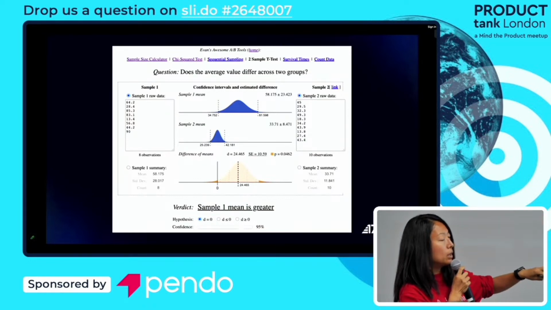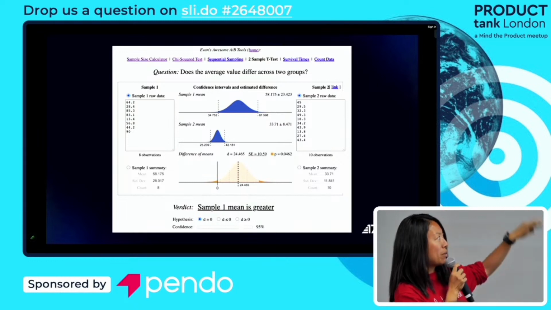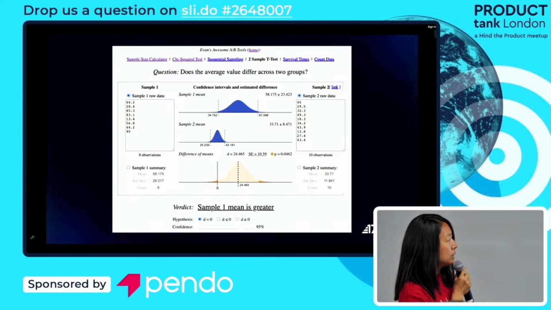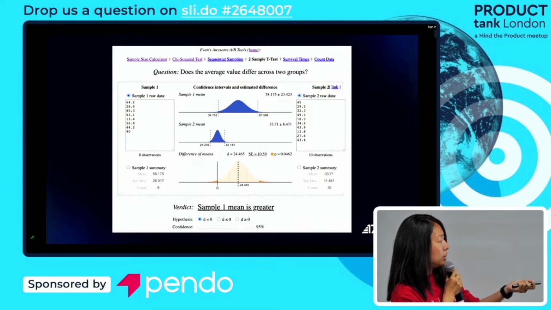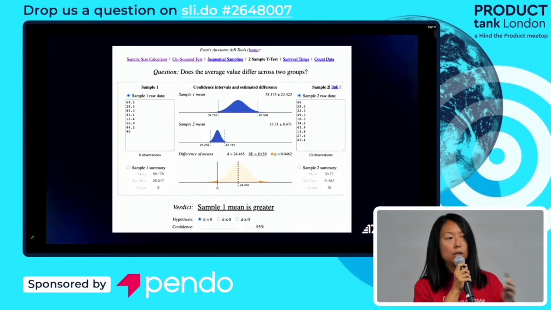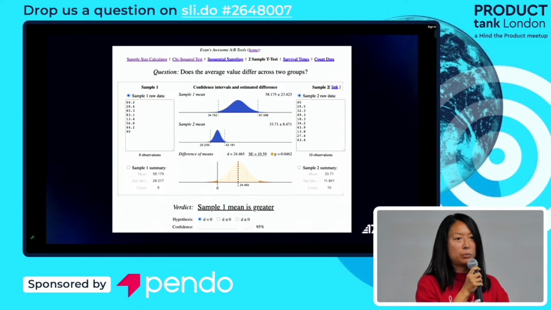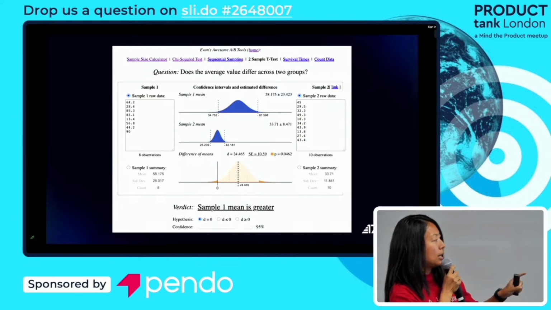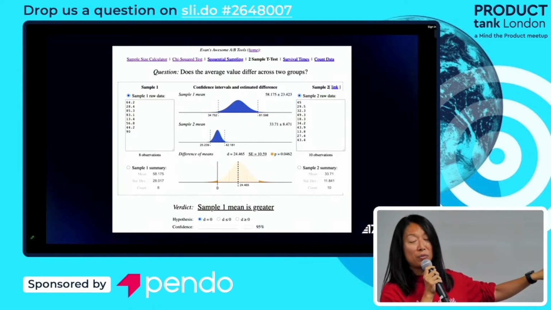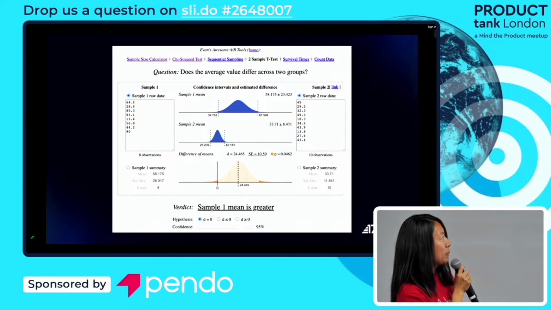So control on the left, it doesn't matter the order, but you have one side and the other. So you put in all the numbers you gathered from your test. And again, what you can change is the confidence level. And then the hypothesis size is whether, so the t-test has 2 tails. 2 tails means, do you care about it being one-sided or both? So is it bigger on one side or is it bigger on both sides? Feel free to come, it's a bit hard to explain on this slide, but if you want to know more, come chat to me after.